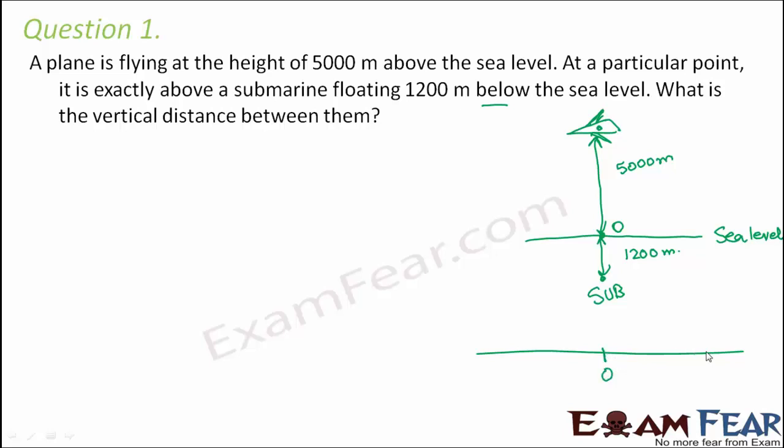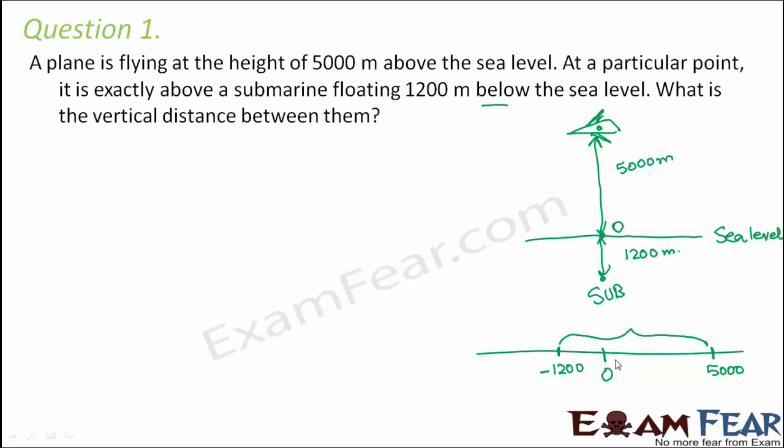Then you have the aeroplane on the right hand side at a distance of 5000 meters, and on the left hand side you have the submarine at minus 1200, and you have to find the distance between the two. That means you'll have to find this entire distance.